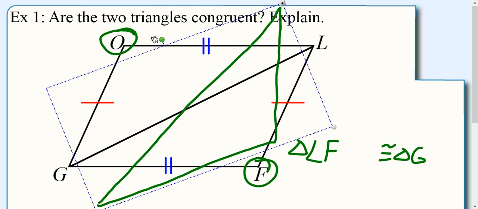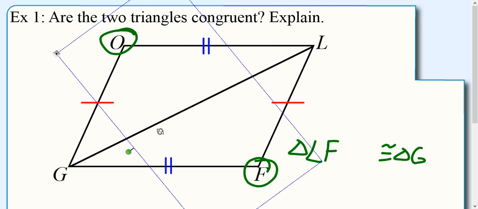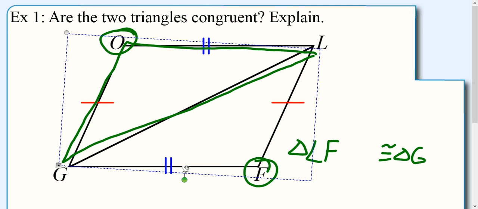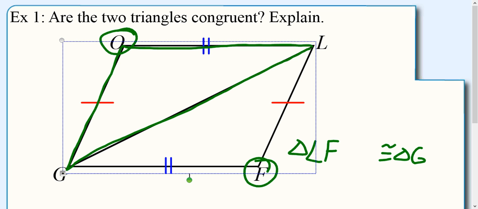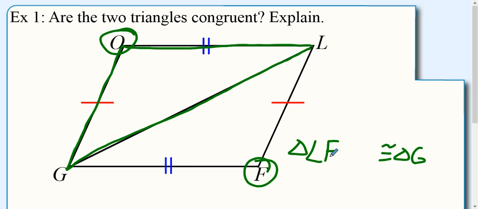You rotate it around, it's going to go and match up to O. The second letter we wrote was F. The second letter we're going to write is O.